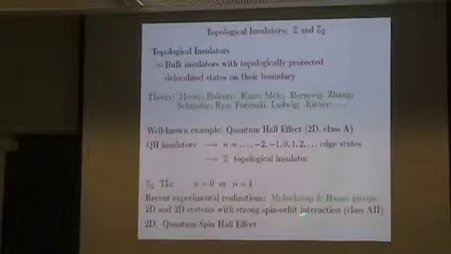The experimentally observed examples correspond to the class AII, a symplectic class, in 2 dimensions and 3 dimensions. One should be careful in what exactly is observed and how convincing it is, but at least we know the system should be there, and there are experimental indications that this topological behavior is seen to a certain extent.